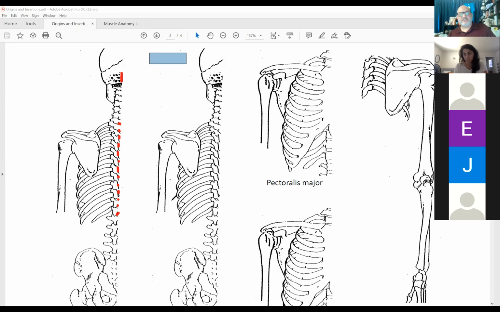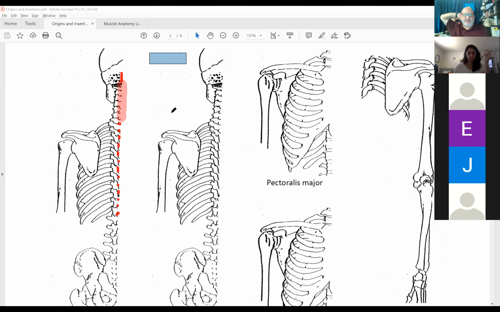Excellent. The spinous processes of all the thoracic vertebrae. Now notice in there also was the ligamentum nuchae. Ligamentum nuchae, remember, is that elastic ligament made up of elastic connective tissue that helps to hold our head up. And so notice the trapezius muscle doesn't directly connect to the cervical bones except for C7.